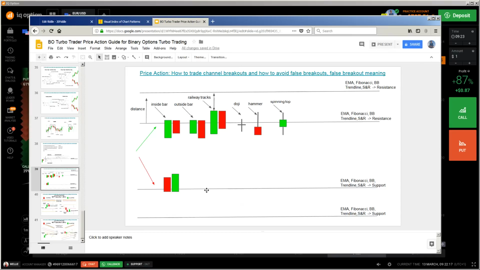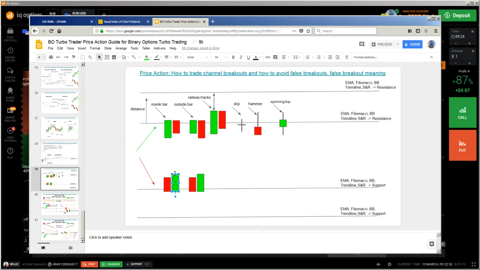For a Forex trader, it's not as good, because they wait for the breakouts to get more profit out of long-term moves. But as a binary option turbo trader, you can use those things which a Forex trader cannot use to your advantage. So this is the part about the breakouts.